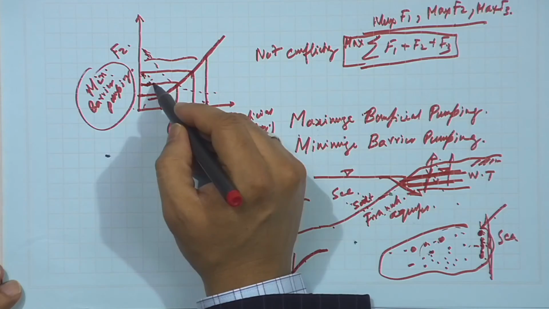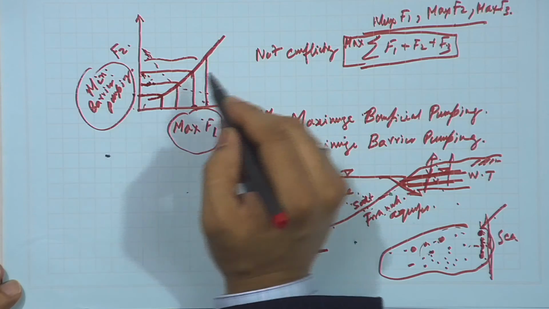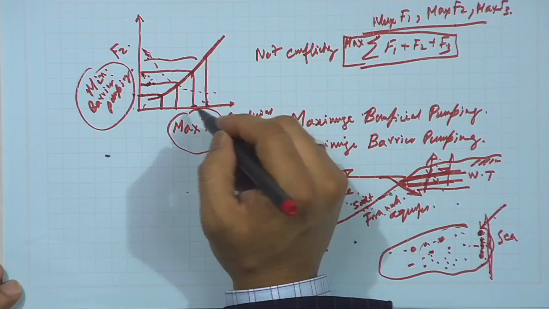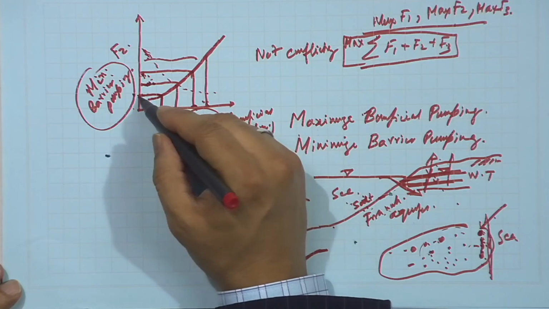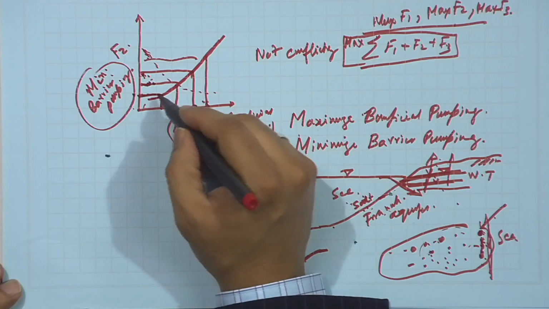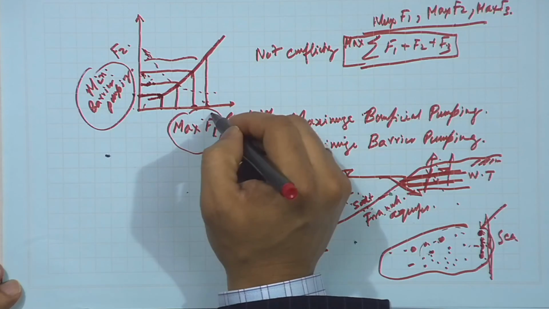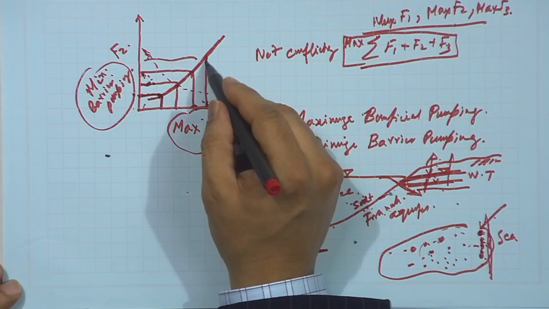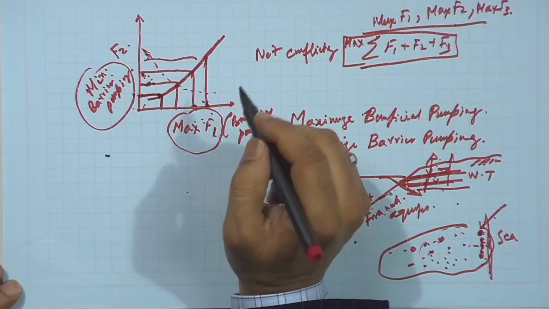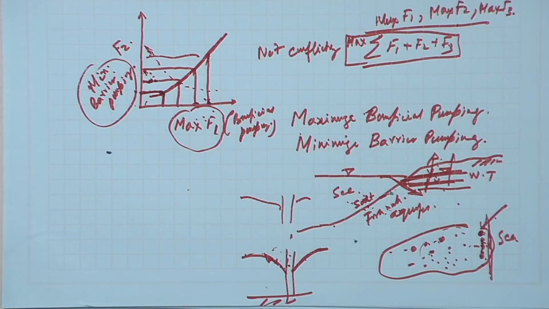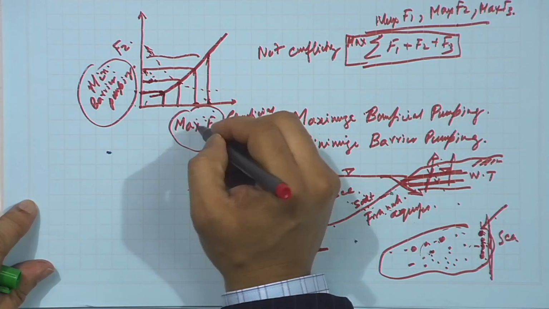So you have to sacrifice in the second objective function, the barrier pumping, to make the first objective function better, or increase its value, because you want to maximize it. That's why it is conflicting.